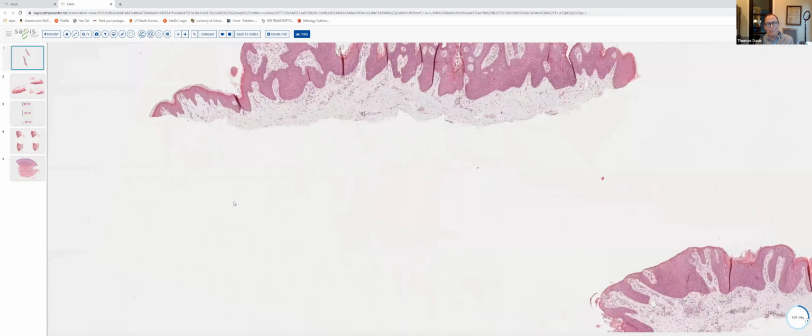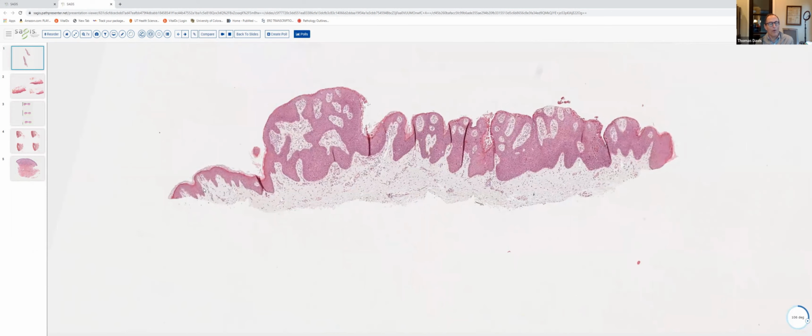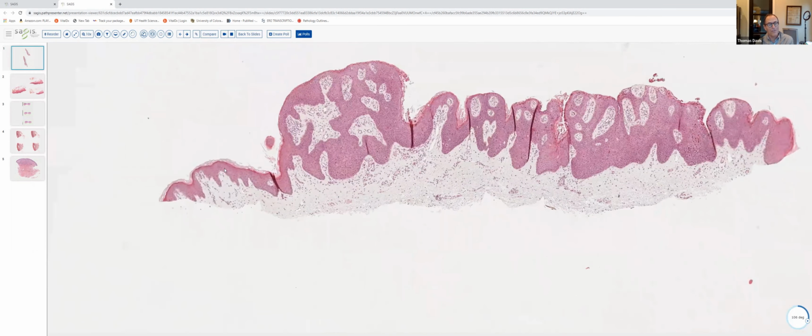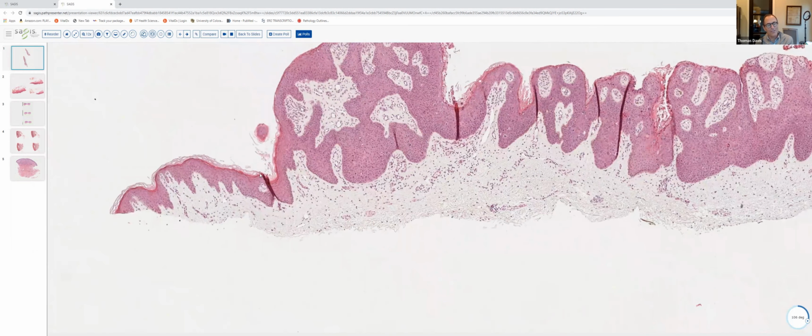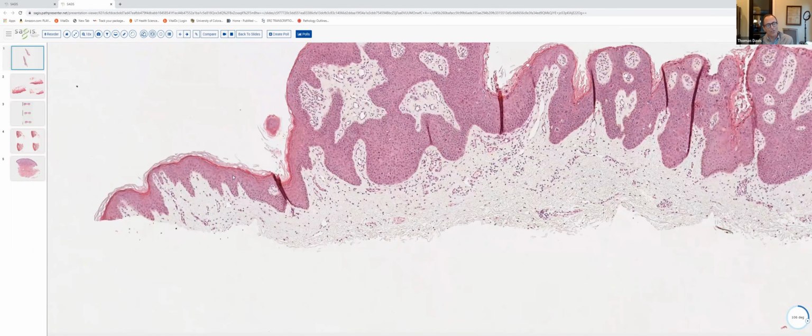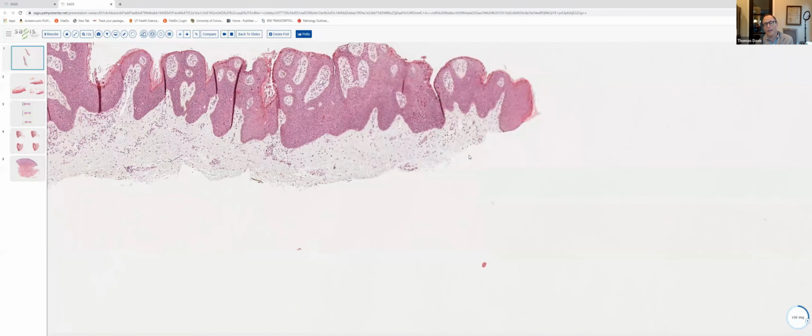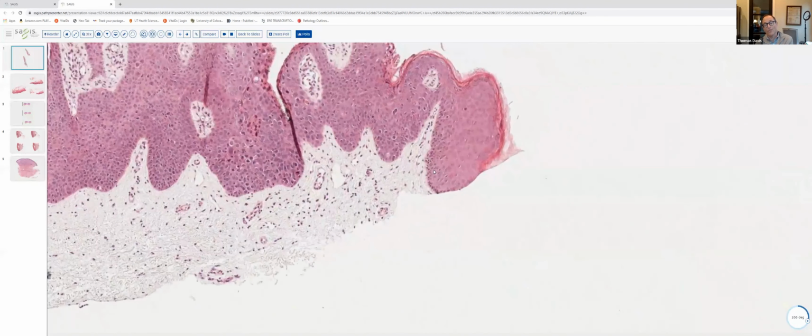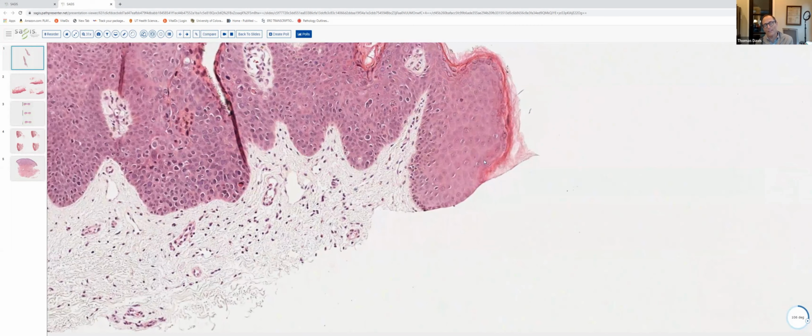If we zoom in to somewhat higher power and look at the edges of the specimen, we can see that there's basket weave orthokeratosis overlying an epidermis which is composed of keratinocytes that show evidence of orderly maturation. And over at the other edge, albeit a much smaller fragment, we do have a piece of normal epidermis with overlying basket weave ortho.